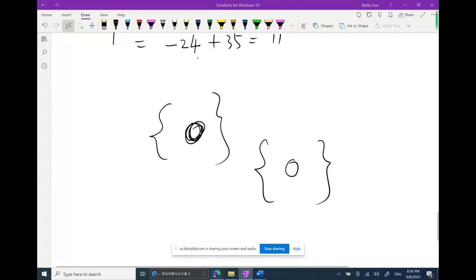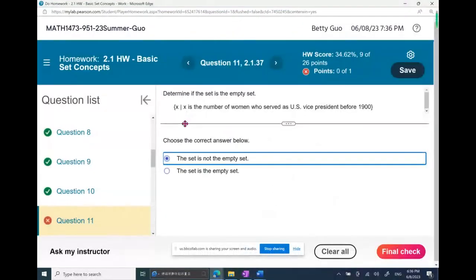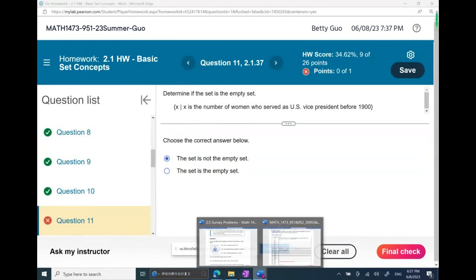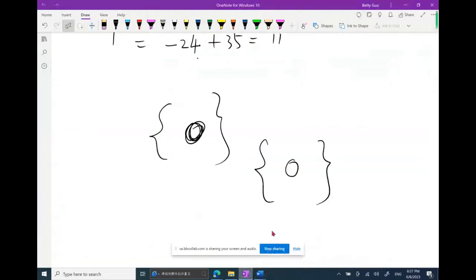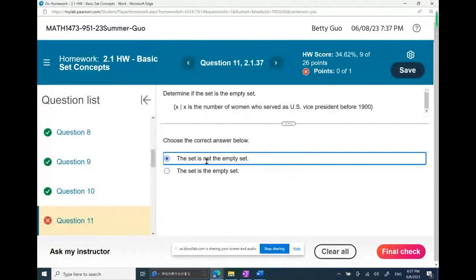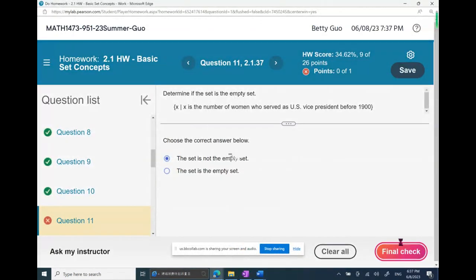The number, do you see what I'm talking about? Yeah, it's a little bit confusing. X is the number of women who served as U.S. vice president before 1900. So X equals 0. Yeah, there is a value. It's not empty. This is the set. It's not the empty set. It has one element, 0, not empty.